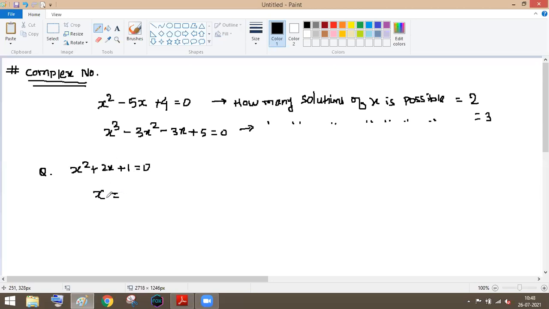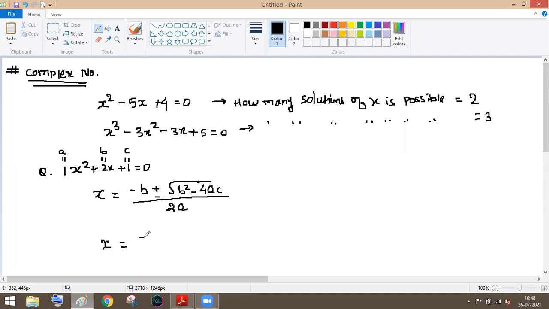Then can we say that x will be equal to minus b plus minus root over b square minus 4ac by 2a. Is everyone aware of this formula? सबको पता है? Yes, sir. What is a here? A is 1, b is 2, and c is 1.